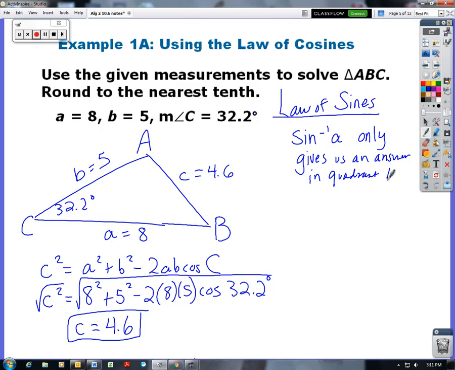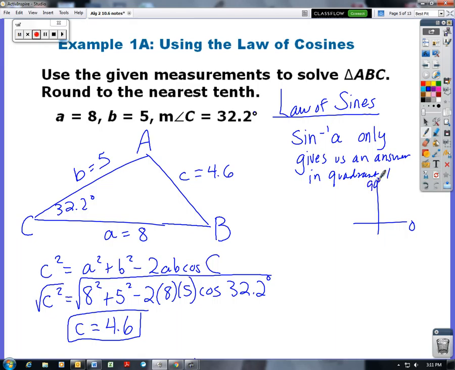We're not going to be doing inverse sine of a negative number on these, because these are real life triangles and they're always positive. What I'm trying to say is that quadrant 1 is between 0 and 90 degrees.